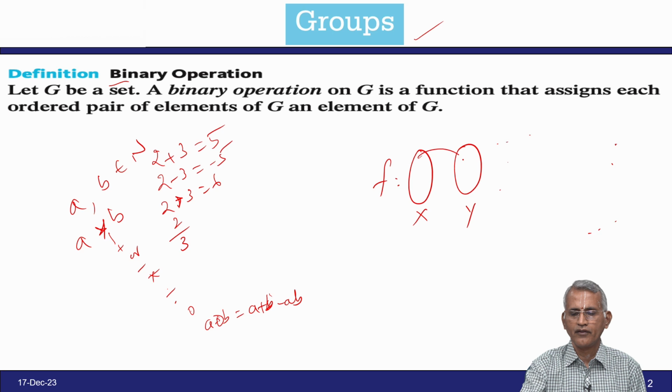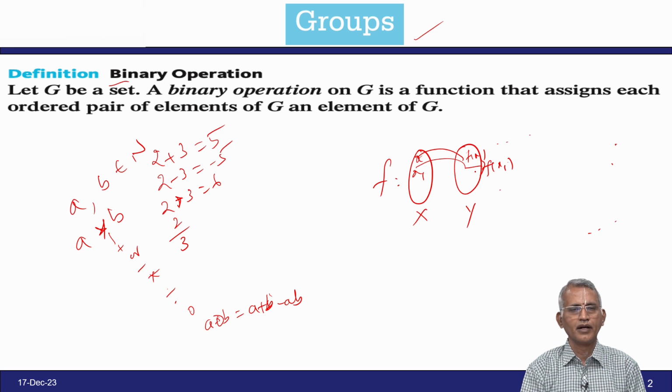Every element in the domain must have a unique image in the codomain, that is f of x, and if you take x1, then it becomes f of x1. Like that, if every element in the domain has a unique image in the codomain, then it is a function.